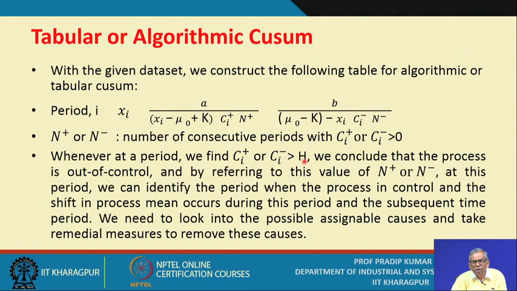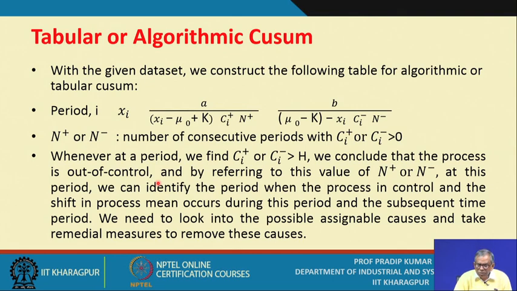What is h? h is 5 times sigma. What is sigma? Sigma is the process standard deviation. Now, if at a particular time period you observe that this condition holds, we conclude that the process is out of control. So that is the norm we follow.